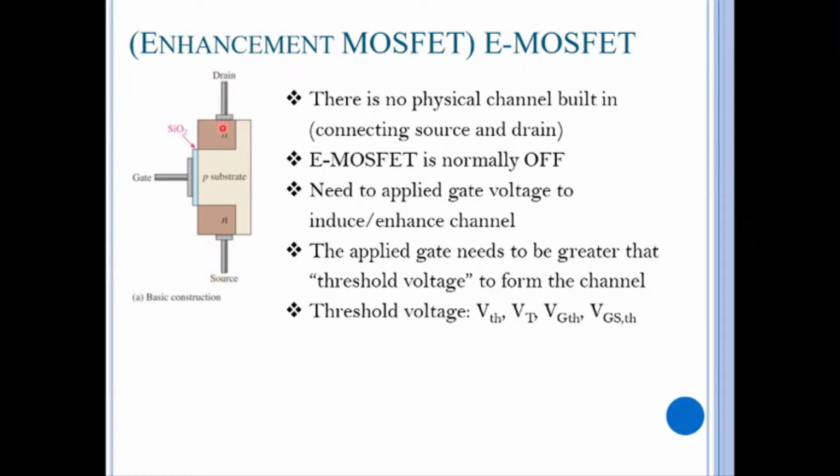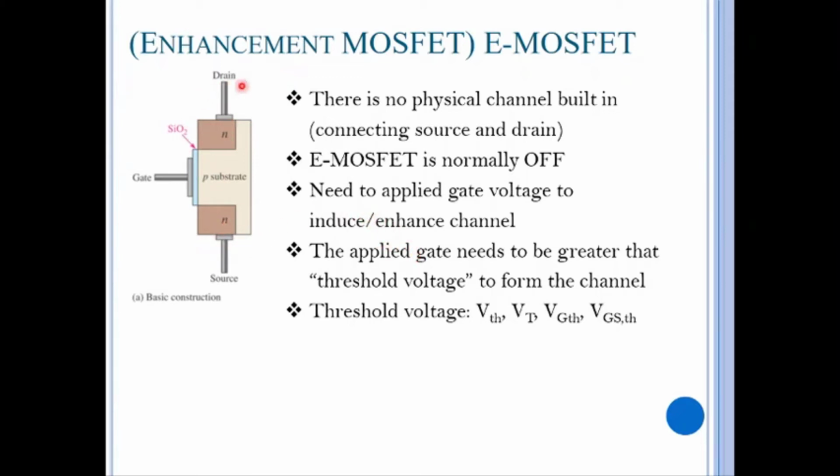So we have drain and source. Drain and source are the two electrodes where we apply the voltage and measure the output current of the transistor. The middle electrode is called the gate electrode. The gate electrode controls the conductivity or current flow from drain to source.